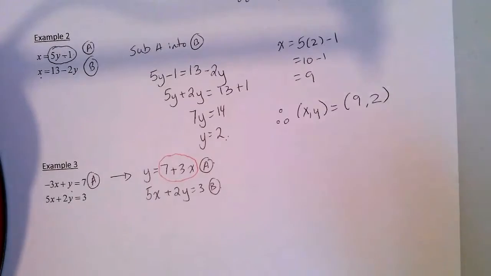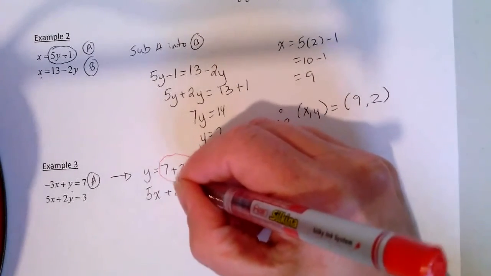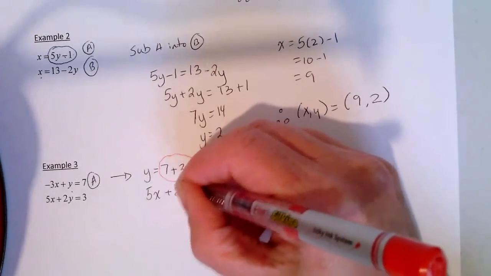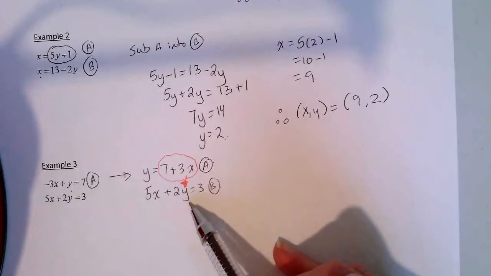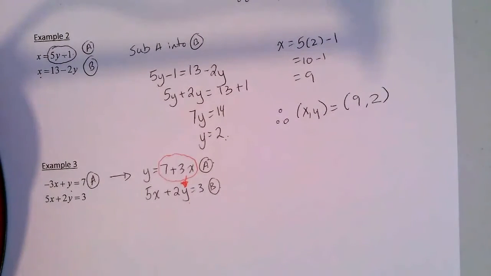So now when you look, this here, the 7 plus 3x, what is it equal to? It's equal to y. So what I'm going to do is replace the y in the second equation with 7 plus 3x. It's an equal expression for y in terms of x.